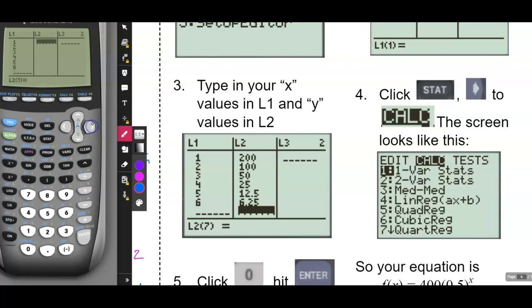And then, in list 2, this is where you put your Y values. 200, enter. 100, enter. 50, enter. 25, 12.5, and 6.25.